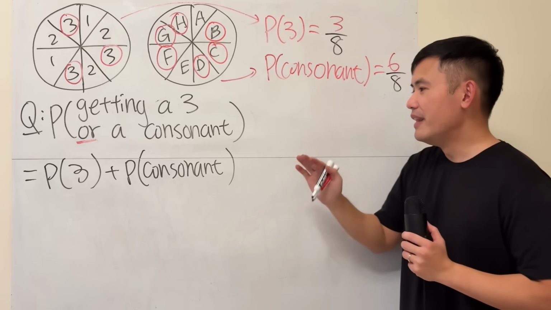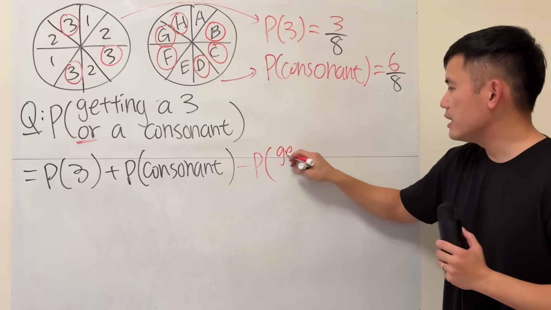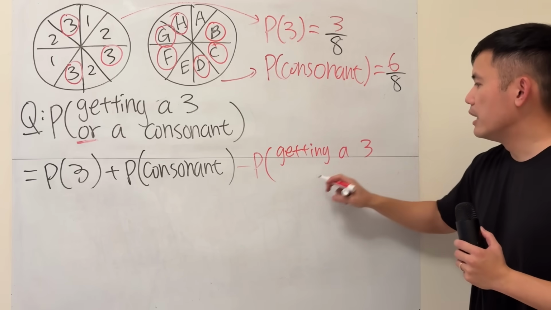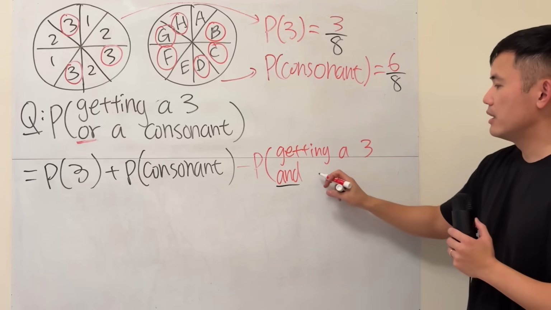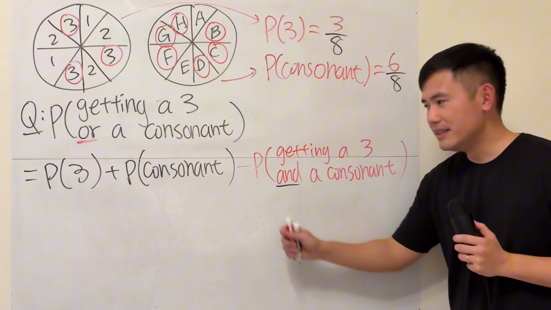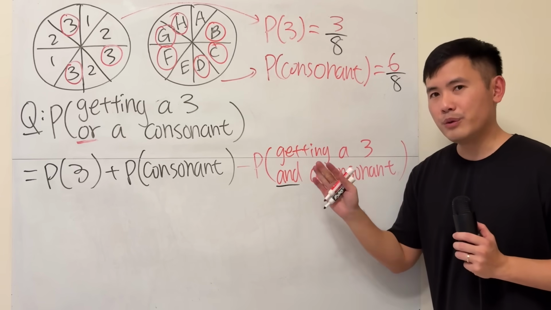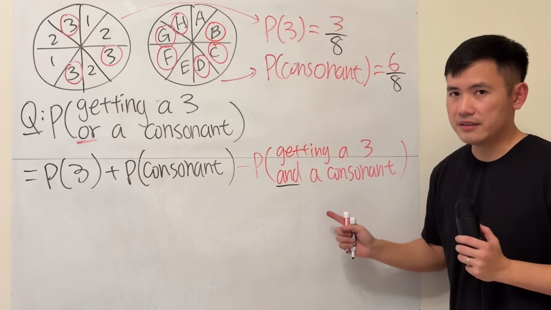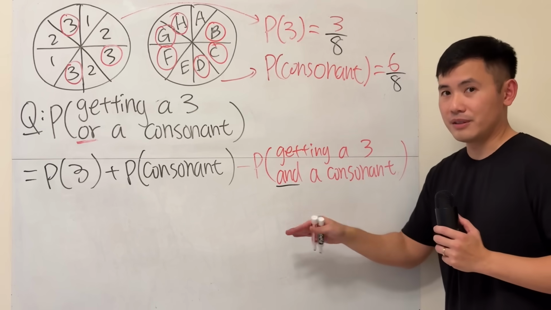If it's a yes, then you are going to subtract the probability of getting a 3 and a consonant. Notice that this is an AND situation. This is the trickiest part, and I'm going to do this for you, and you'll see that this is definitely necessary. It's also a way that should remind you when something's wrong.